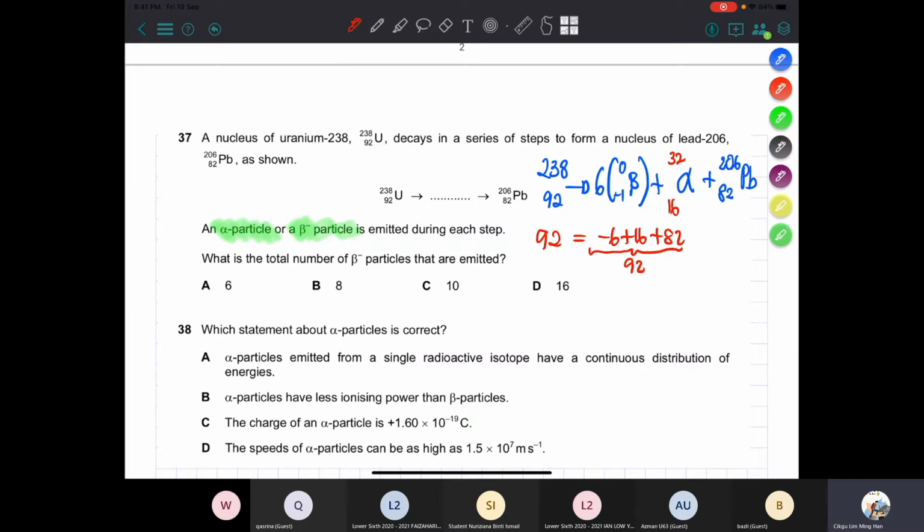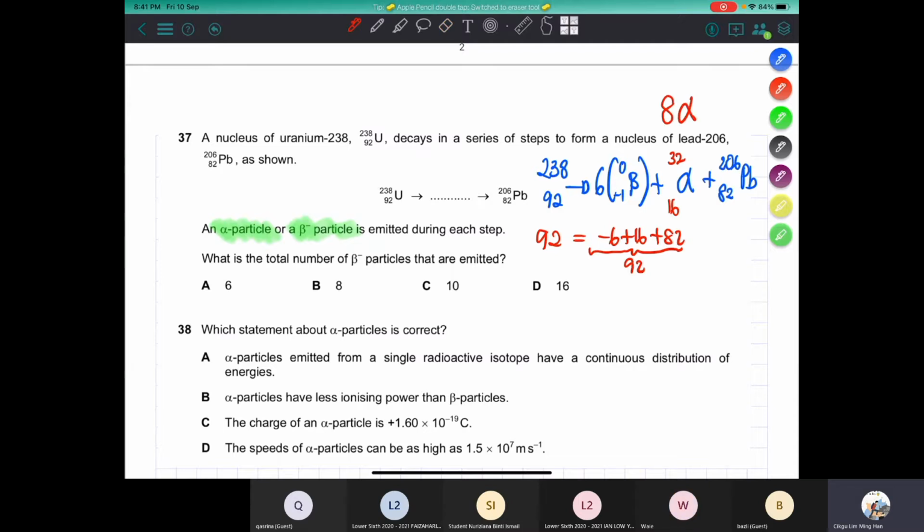So 4 means it can be correct. 32 divided by 4 is 8. So there are 8 alpha here.